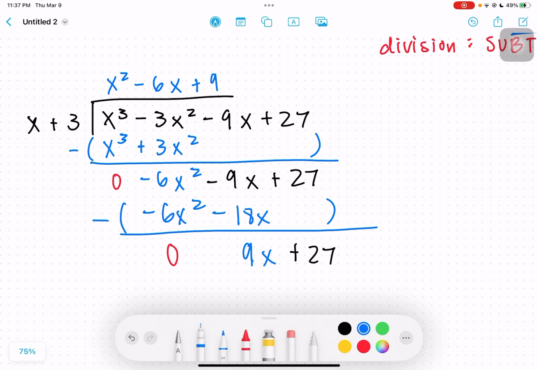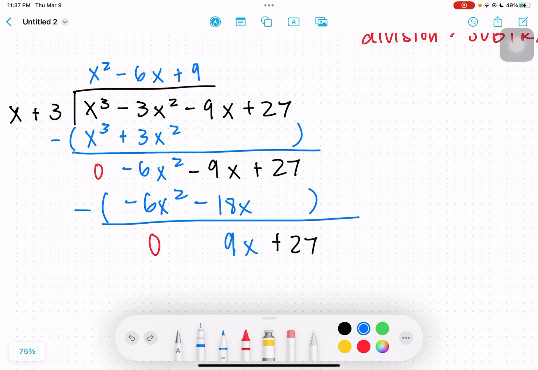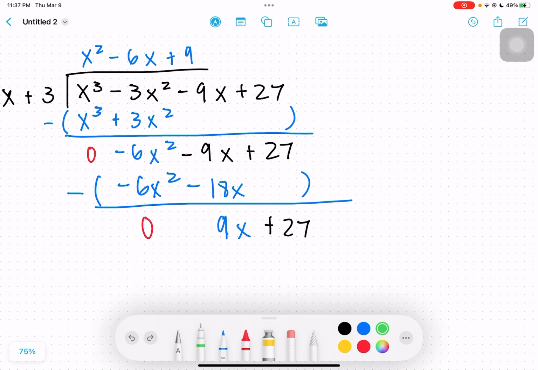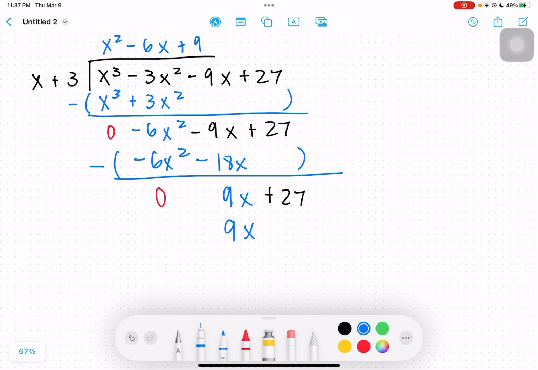It's 9 because we lost both of the x's, since it's subtracted. The invisible 1 here and the invisible 1 here, 1 minus 1 equals 0, so there's no more x. So now 9 times x is 9x. The x came back.